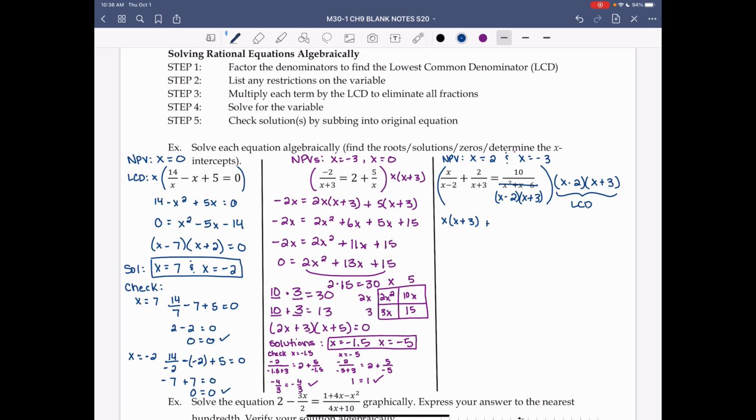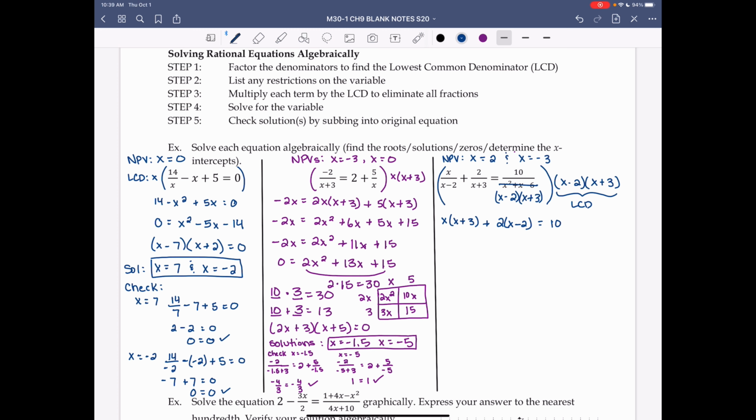When we multiply 2 over x plus 3 by x minus 2 times x plus 3, we're left with 2 times x minus 2 because the x plus 3's divide to 1. And when we multiply 10 over x minus 2 times x plus 3 by x minus 2 times x plus 3, we are left with 10 because x minus 2's divide to 1 and x plus 3's divide to 1.